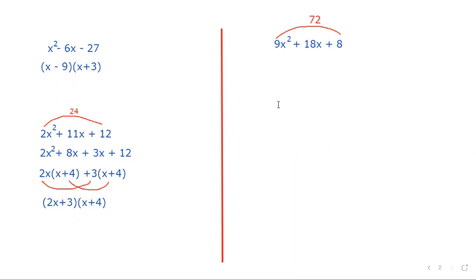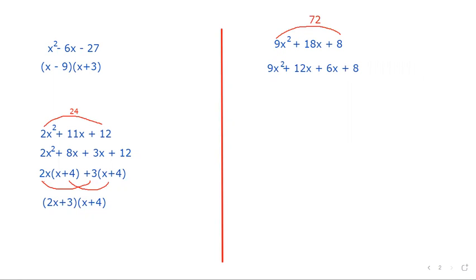So in this case, just think about the two numbers that can multiply to give you 72 and add up to give you 18. That would be 12 and 6. So we would say 9x squared plus 12x plus 6x plus 8. Okay, because that would satisfy.